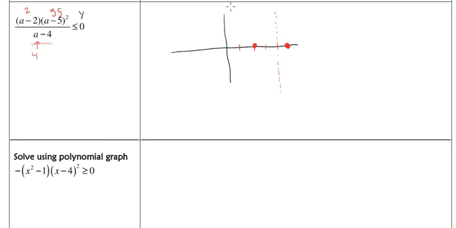Looking through my numerator, I can think of this essentially as a cubic up top divided by just a single a here. So we're going to end up with an even function, and so my end behavior needs to be going the same way. As I look at it, my value out front will be positive.